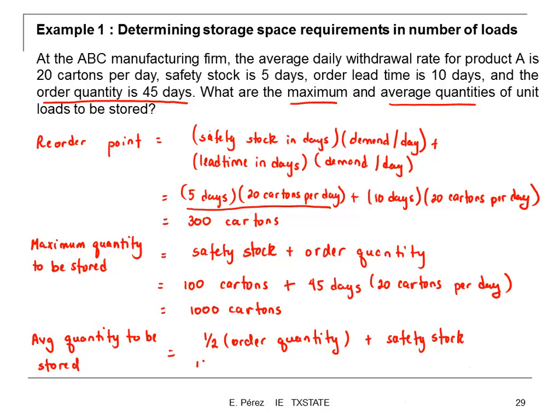So this is 1/2 of 45 days times 20 cartons per day plus 100, and that's 550 cartons.